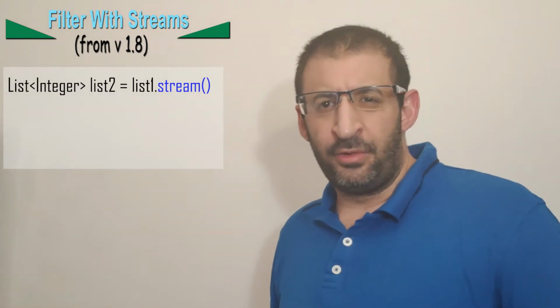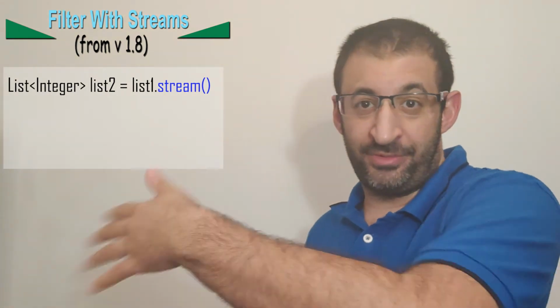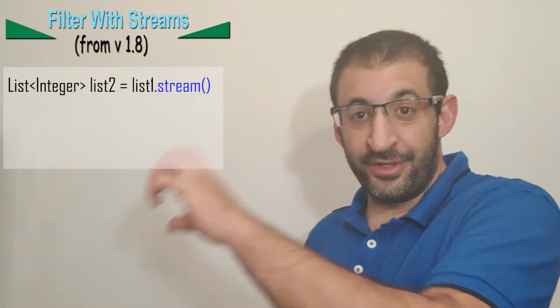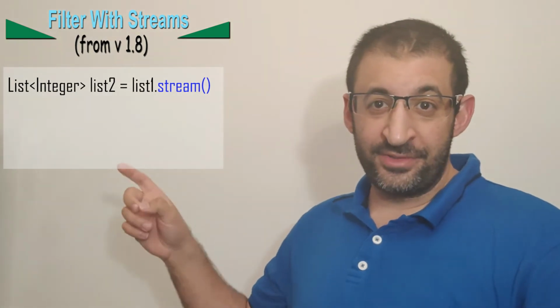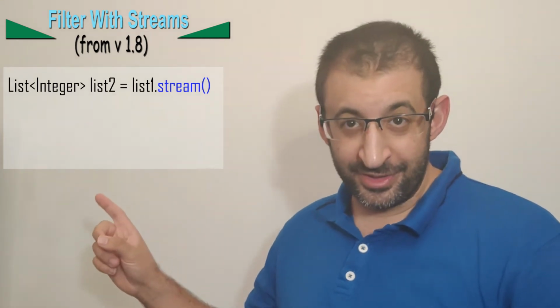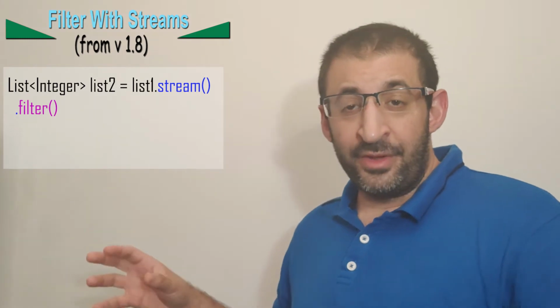After this, what do I want to do? I want to filter to retrieve only the objects that respect some condition. So after stream, I will use the filter method. And to the filter method, I will give a lambda expression.